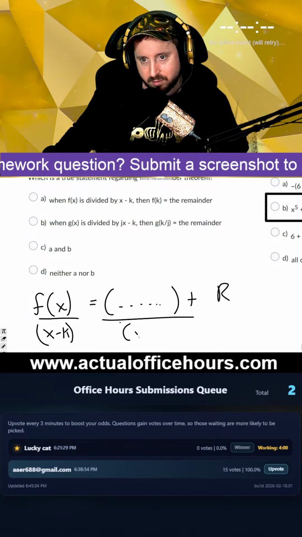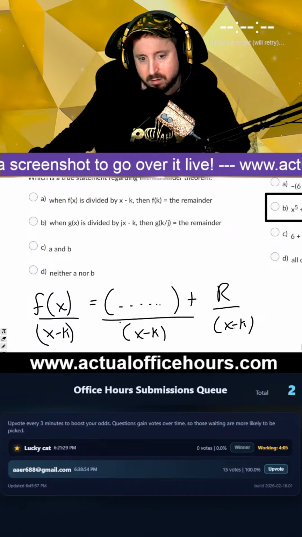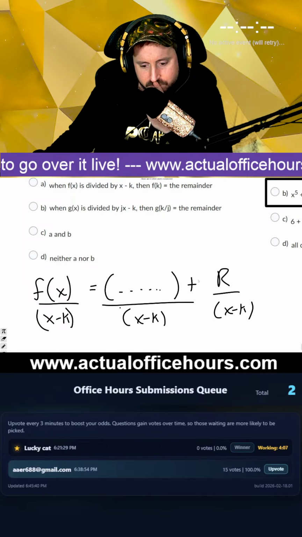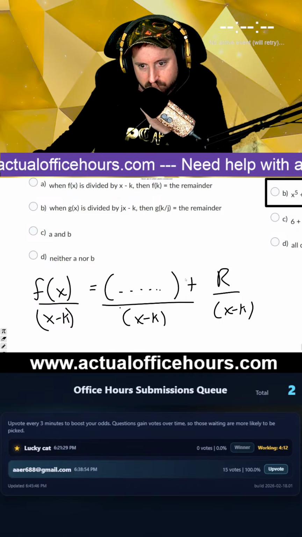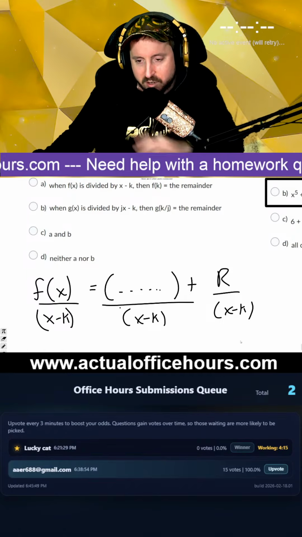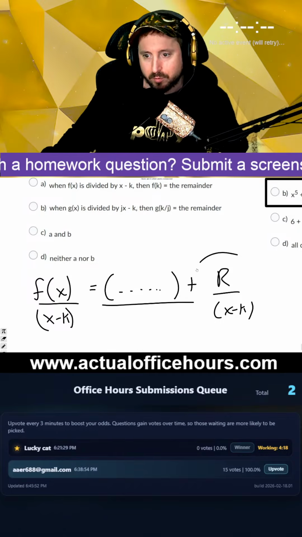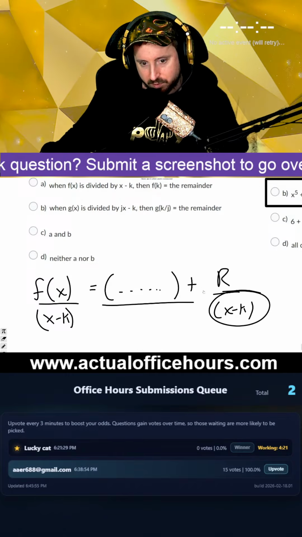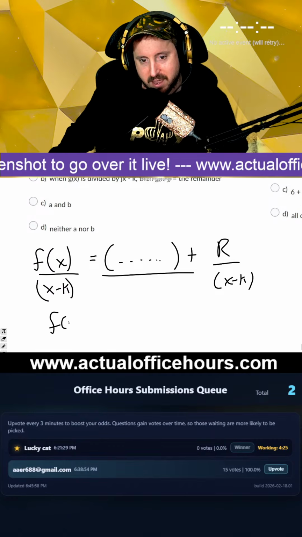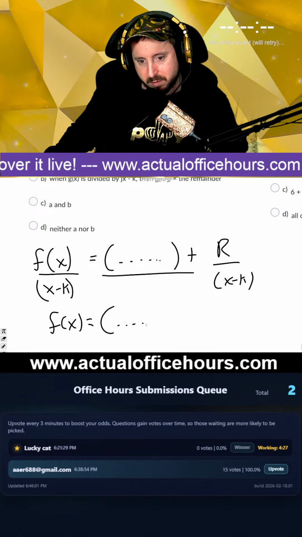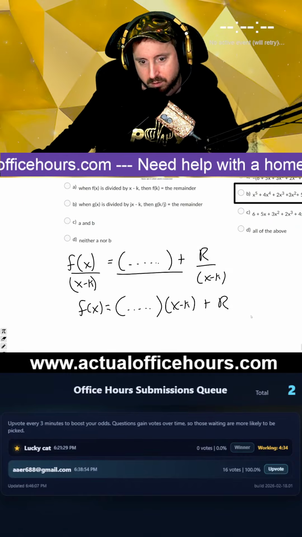So f of x is equal to something times x minus k, plus just the remainder.